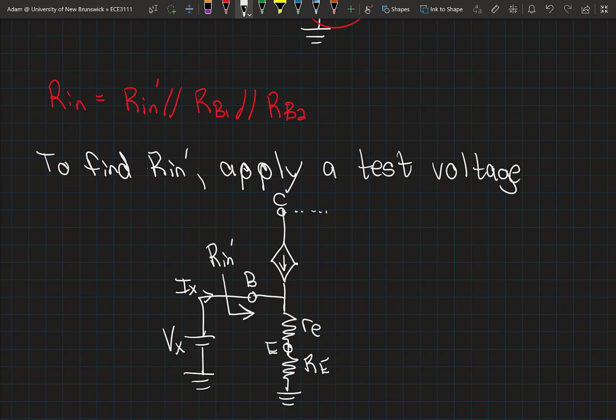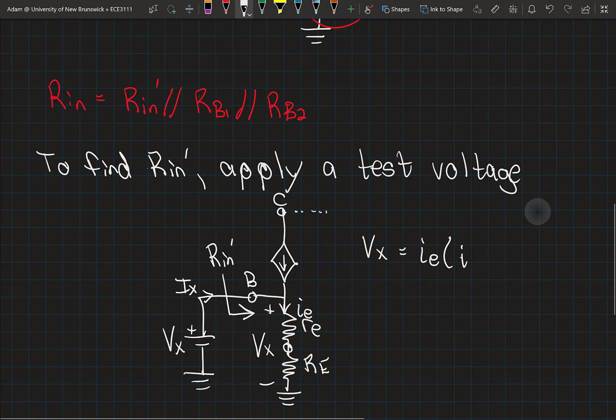So Vx, you should be able to appreciate, is going to be equal to the voltage drop across these two resistors. That voltage Vx is the voltage drop across the intrinsic emitter resistor and the external emitter resistor. That voltage drop is a function of the current flowing through those resistors, which is the emitter current.